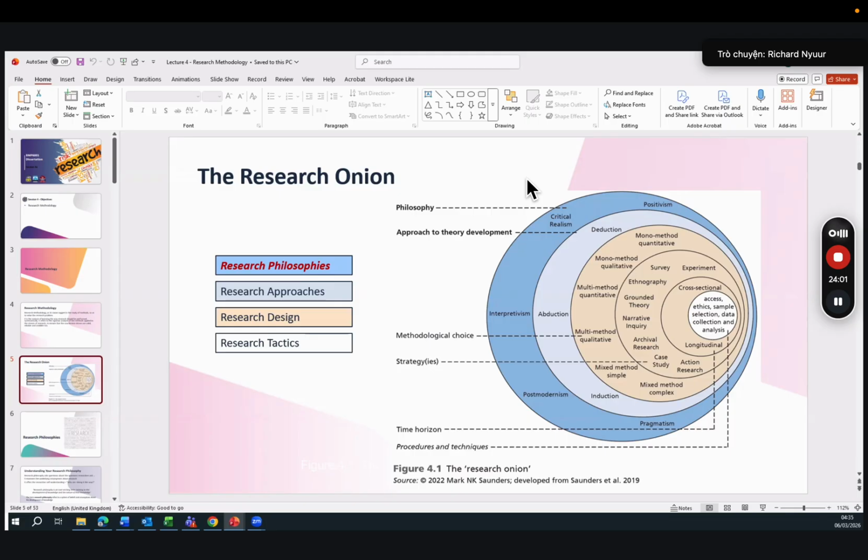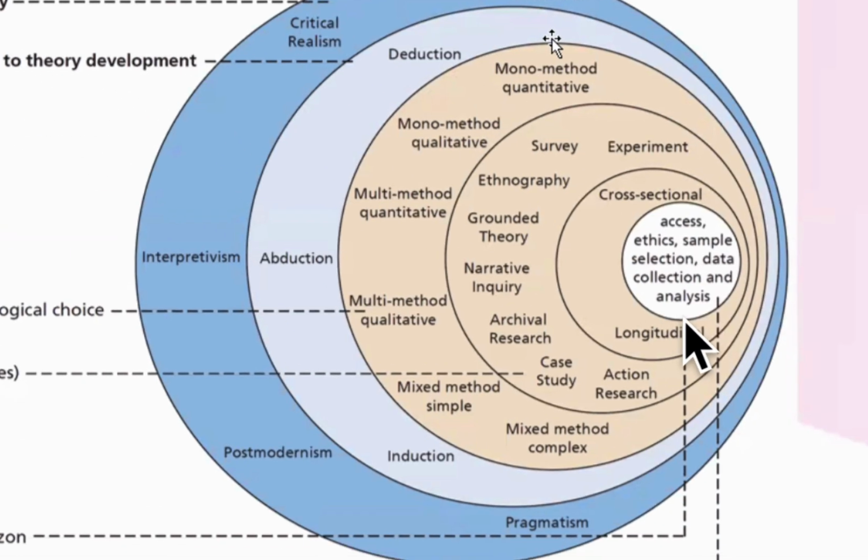If you look at the onion here, it tells you that if you are focusing on positivism, and you cut through positivism into the middle circle, I hope you can see my cursor, you will see that positivism aligns with what we call deduction. You collect quantitative data, you analyze, and you deduce from the results.